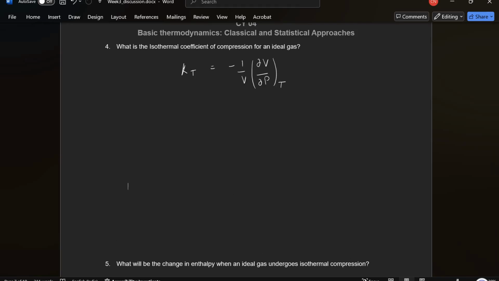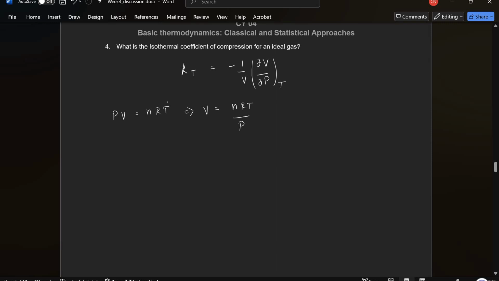What we're dealing with here is an ideal gas, so PV is equal to nRT, which means V is equal to nRT by P. Now we have to differentiate del V by del P. So KT is equal to minus 1 by V, del V by del P. Since nRT are constant, we take them out, and P is in the denominator, so we get minus 1 by P squared.